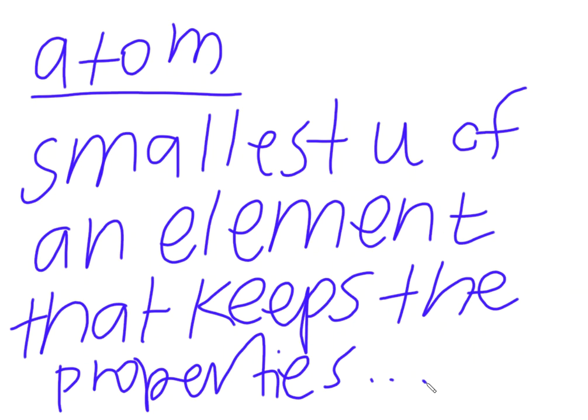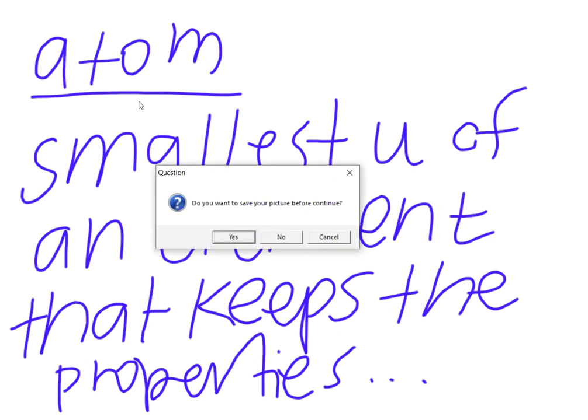Now let's go broader. Let's go with the whole thing. An element. What is an element? I'm just going to stop writing, just make sure to listen. An element is a collection of only one type of atom. So multiples of one atom, like a collection of oxygen atoms.